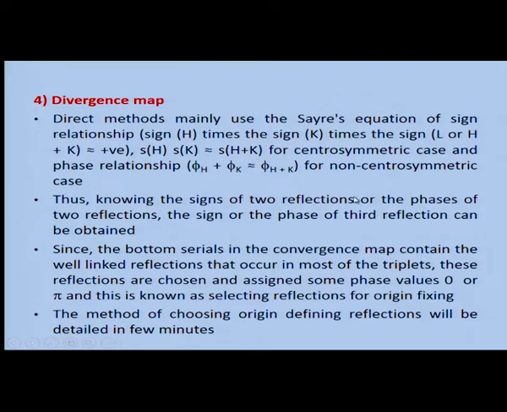Or if you have a non-centrosymmetric case, the phase of H reflection plus the phase of K reflection will be nearly equal to the phase of H plus K. For this we have a separate session on how to arrive at signs or phases of reflections starting from a small set of numbers. So, this is known as the divergence map. For this we have to have a concept like origin defining reflections, everything that we will see later.